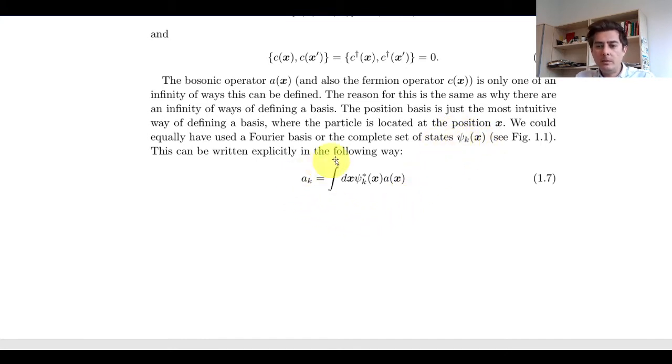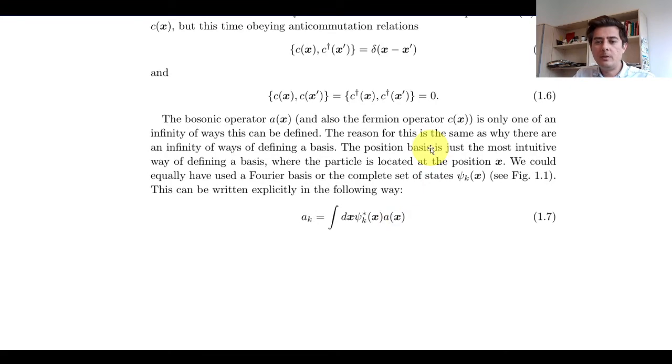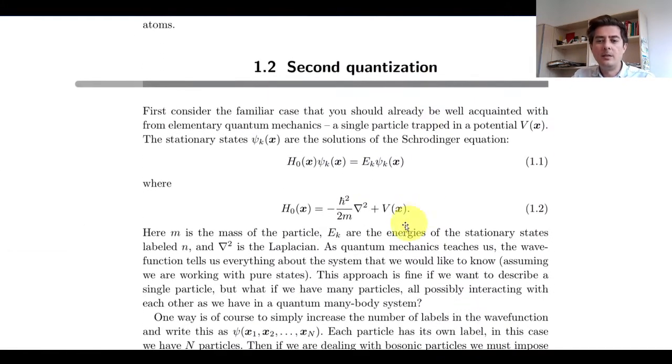And so we can equally define bosonic operators with respect to other types of eigenstates, which I'm going to label here by K. This is why we started off this discussion by saying that here are some of these orthogonal states. These would be the orthogonal states arising from diagonalizing some particular Hamiltonian.